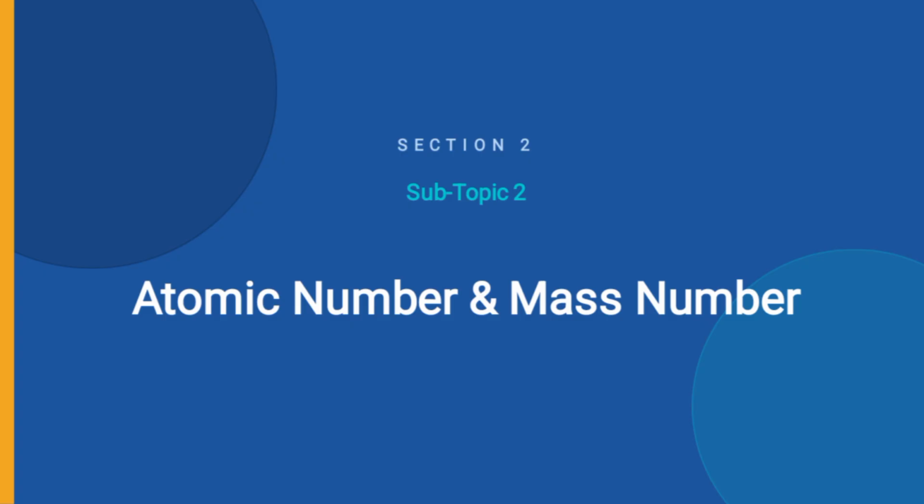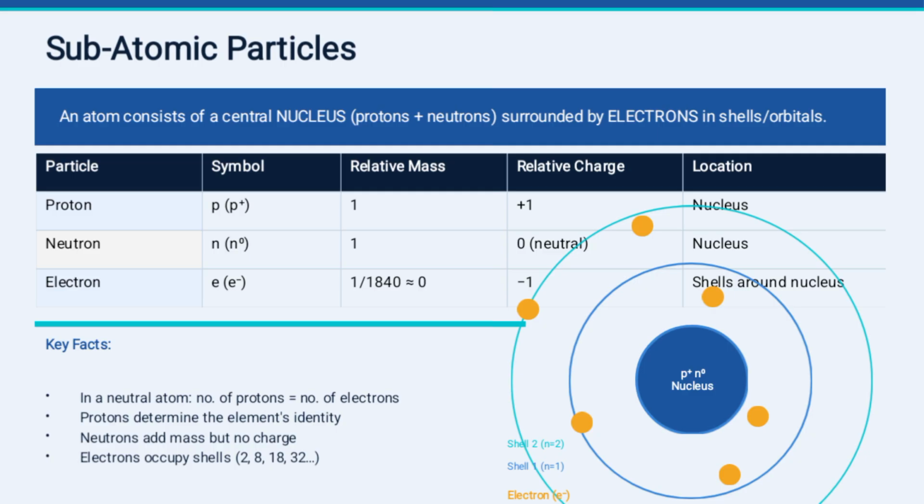Let's go to the second aspect of this topic, which is atomic number and mass number. Atoms, like we have discussed the other time, are the smallest part, the smallest substance of an element, and they retain the chemical properties of that element.